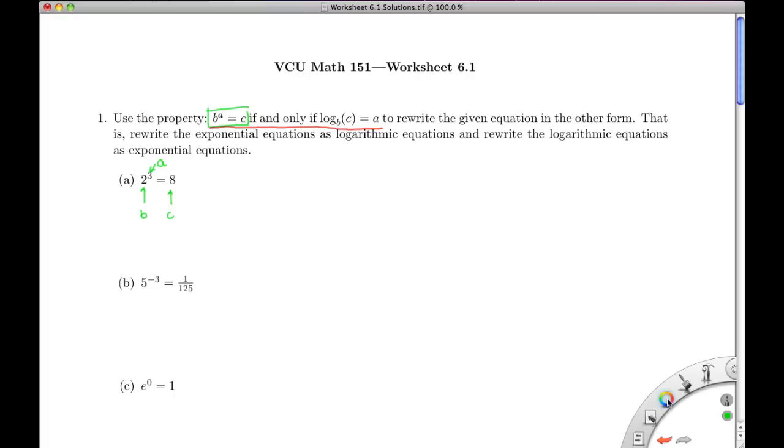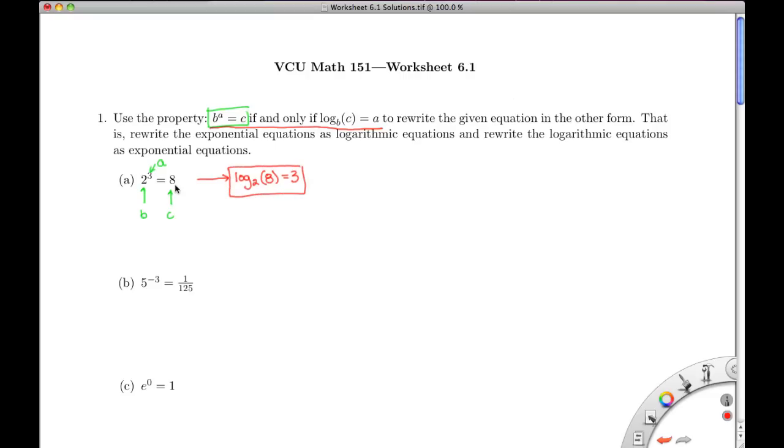So now all we have to do is convert it into a logarithmic expression. We can do that because we know that the log base b, which in this case is 2, of c, which in this case is 8, has to be equal to the exponent a, which in this case is 3.